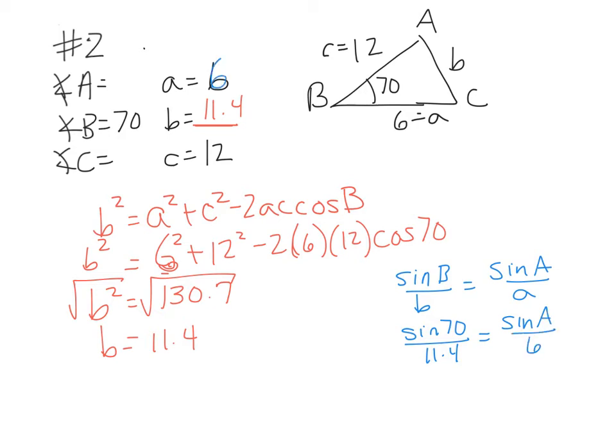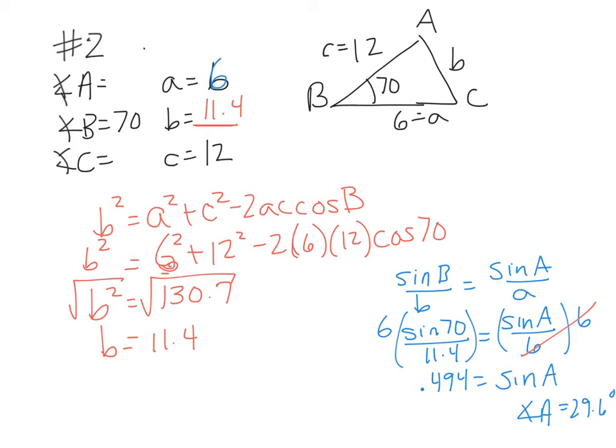If you multiply both sides by 6, then the 6's cancel, and you get that the sine of A equals 0.494. Then you take the inverse sine of both sides, and you find that angle A is going to have a measure of 29.6 degrees.